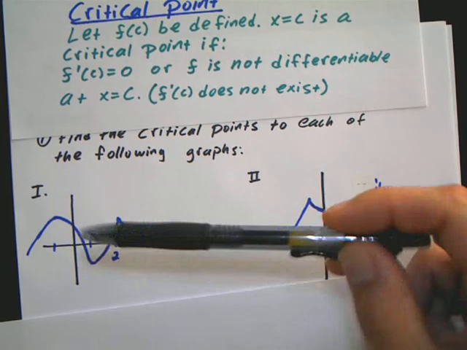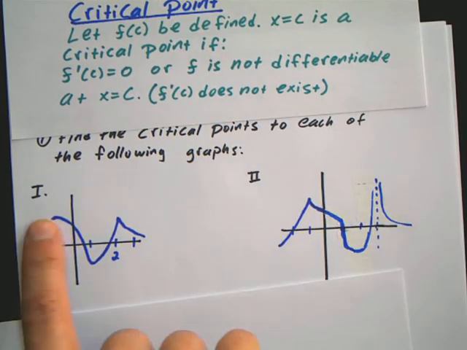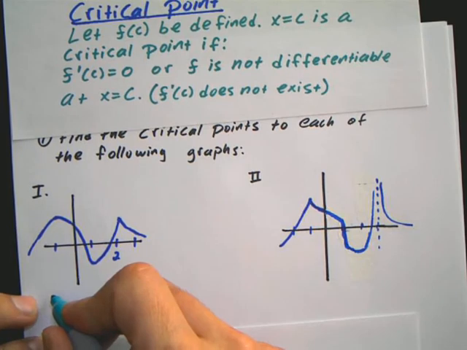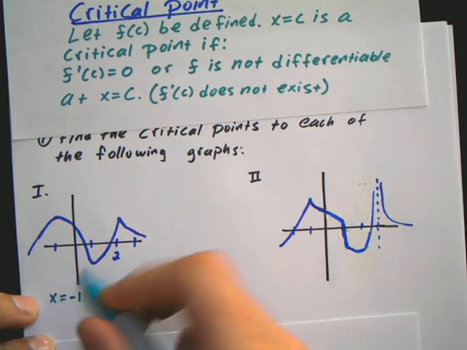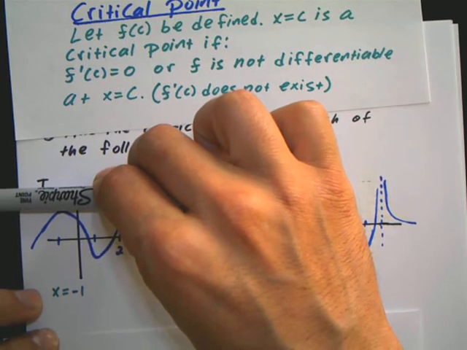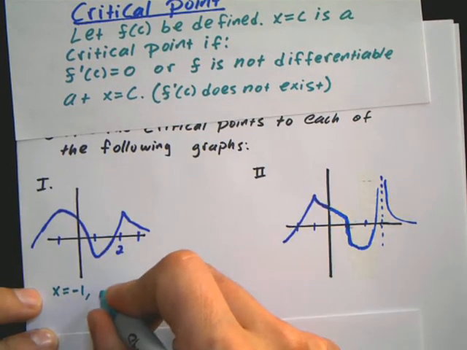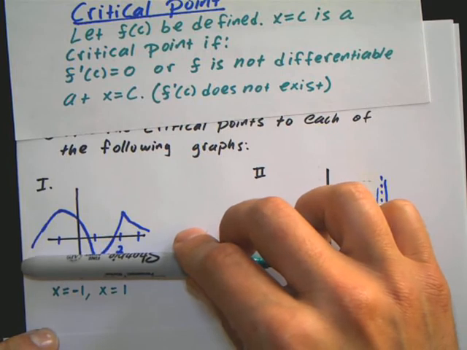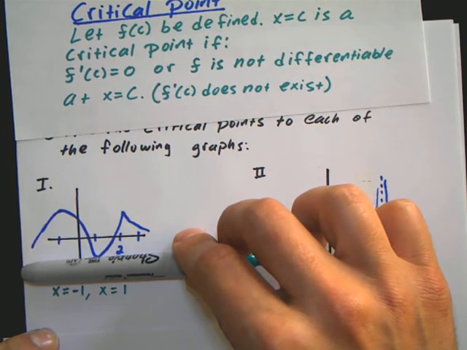So for the first one, we can say that the critical point would be at x equal to -1 because it's a maximum, and the derivative would be 0 at that point. Also at x equal to +1, there's a minimum, which would make a horizontal slope, which also would make the derivative 0.